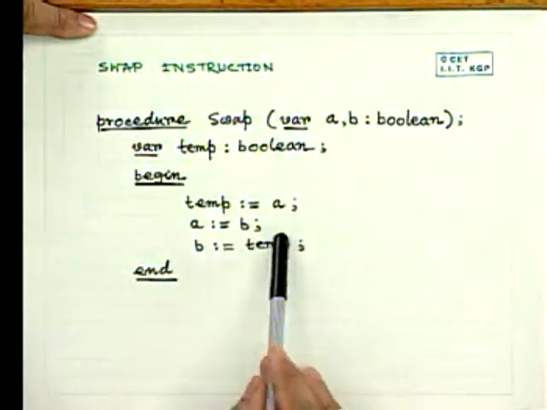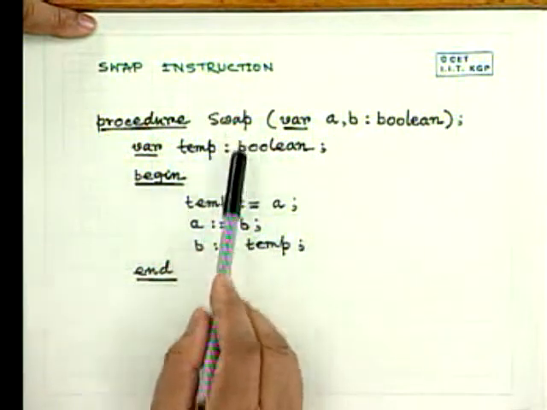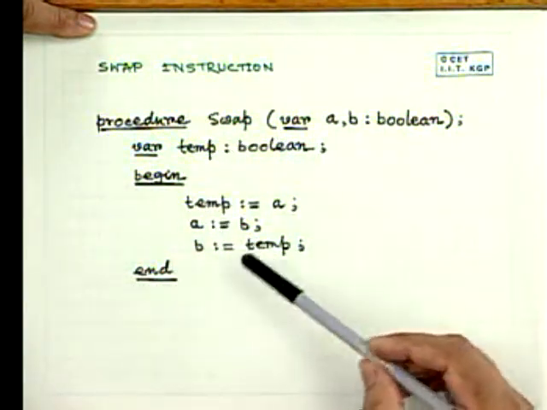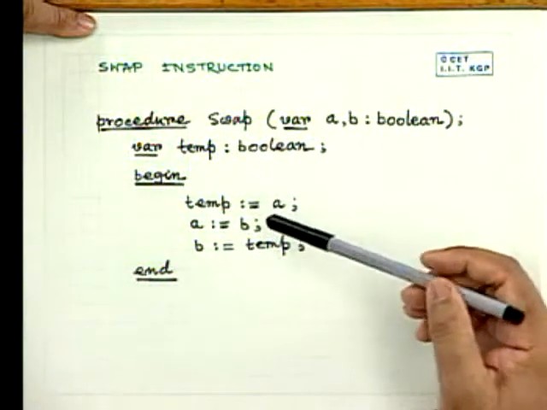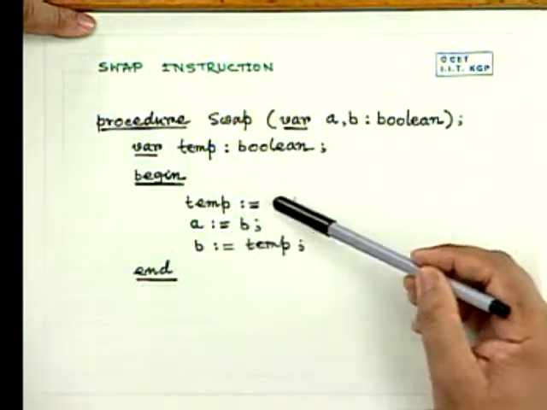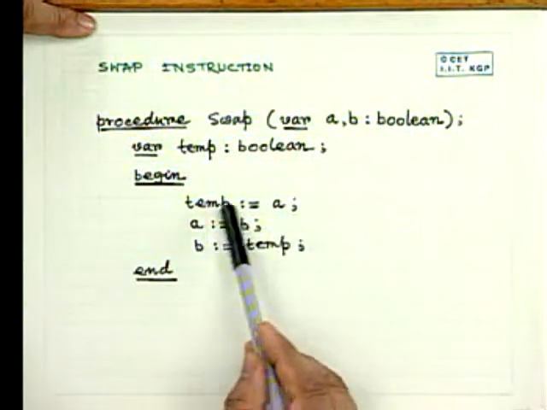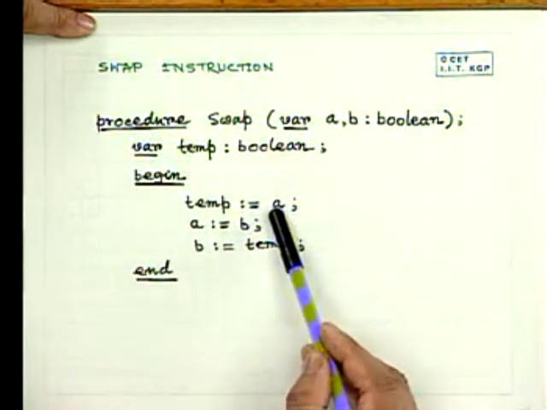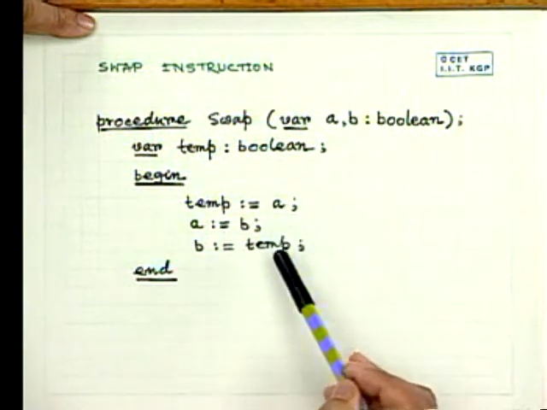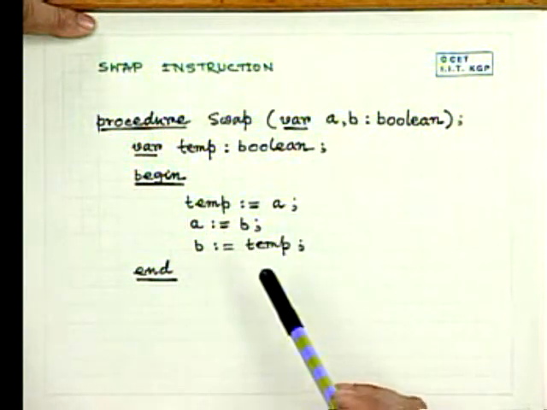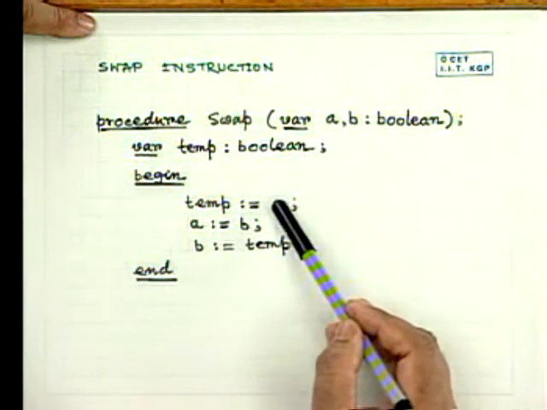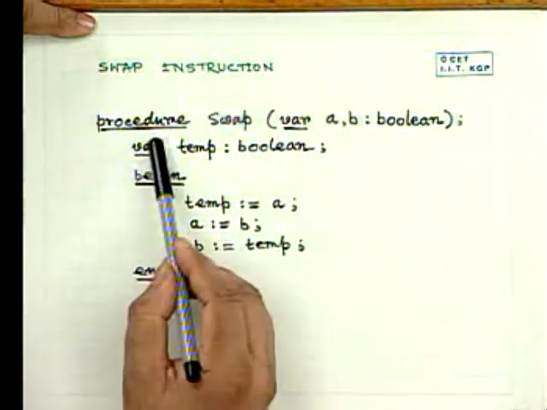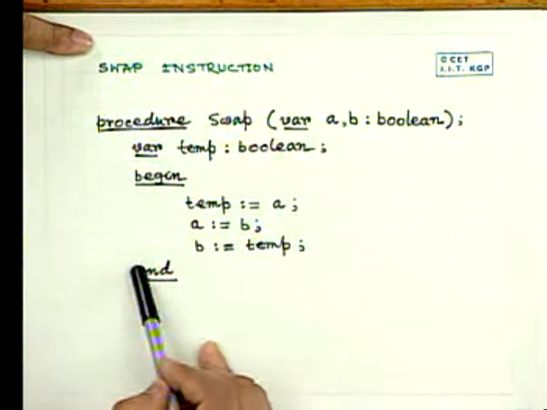What this swap instruction does is that it essentially exchanges, interchanges, the content of location A and location B. A goes to temporary, B goes to A, then temporary goes to B. It interchanges the content of two variables A and B, and the entire operation is done as an atomic operation.